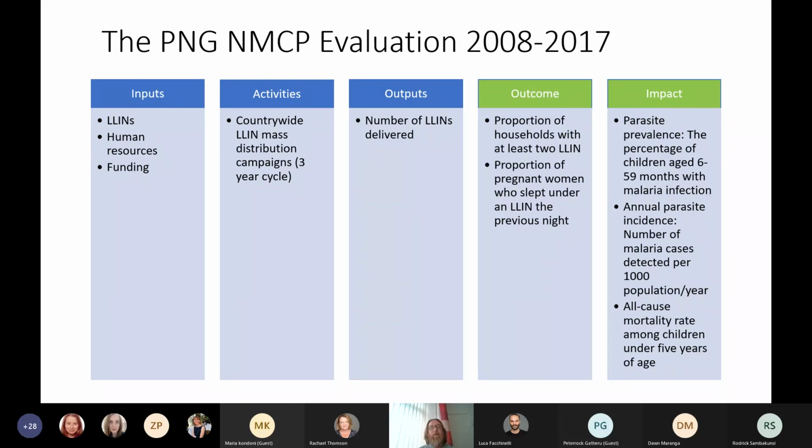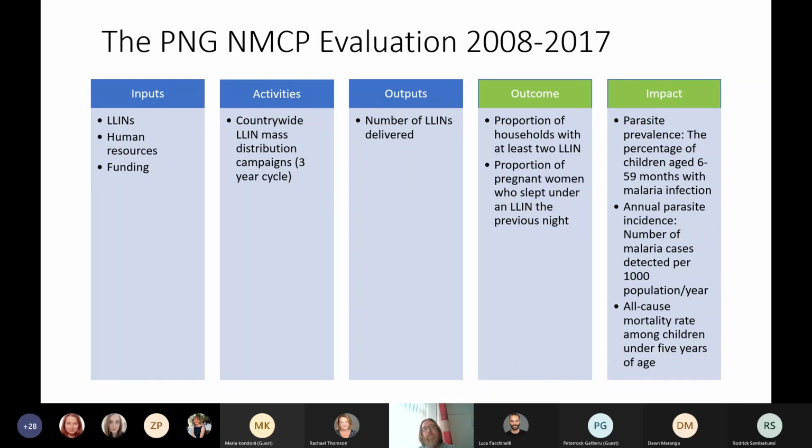So I think here you can see quite clearly the distinction between outcome measures and impact measures. The outcome measures can be captured in the short term. Once the nets have been delivered, what has our coverage been like? Are people using them?